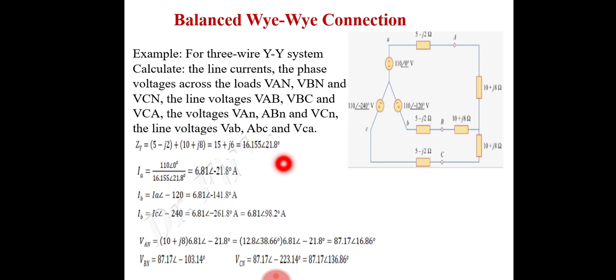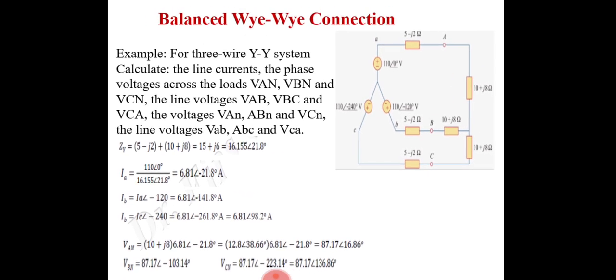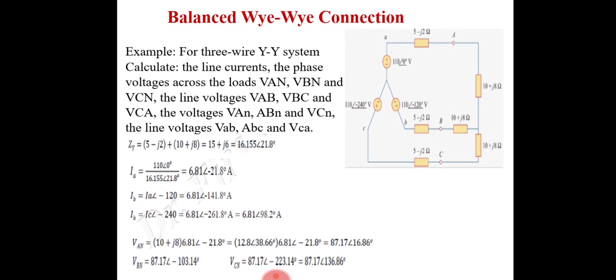Now the line impedance 5 minus j2 ohm and the load impedance 10 plus j8 ohm are in series, so the equivalent impedance is their addition. So IA is equal to 110 with angle 0 degrees divided by the summation of impedance, which is 16.155 with angle 21.8.